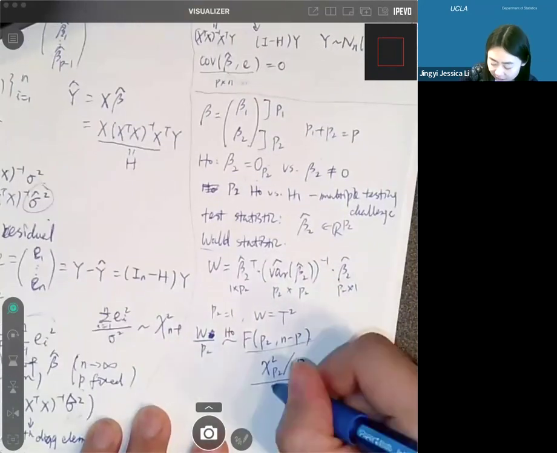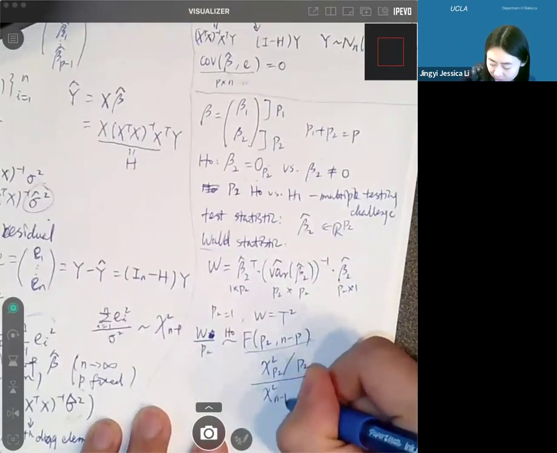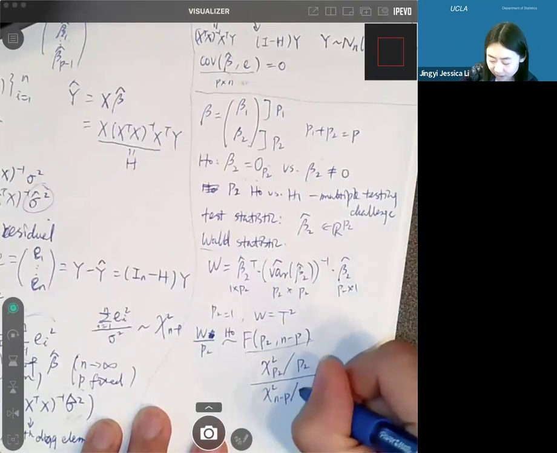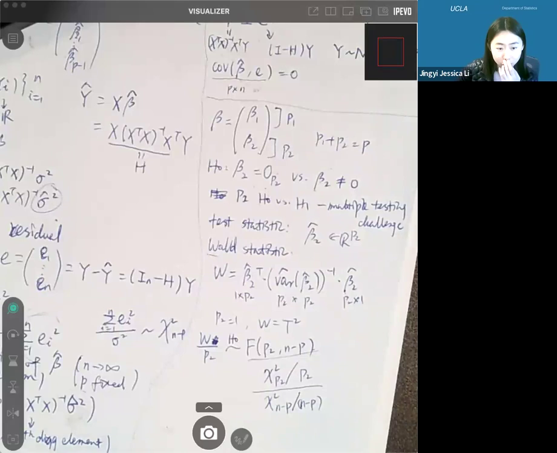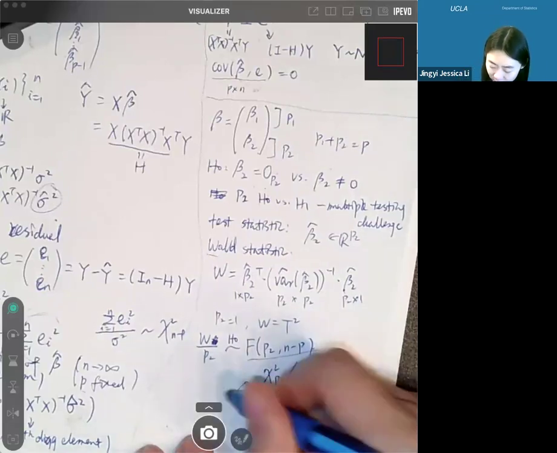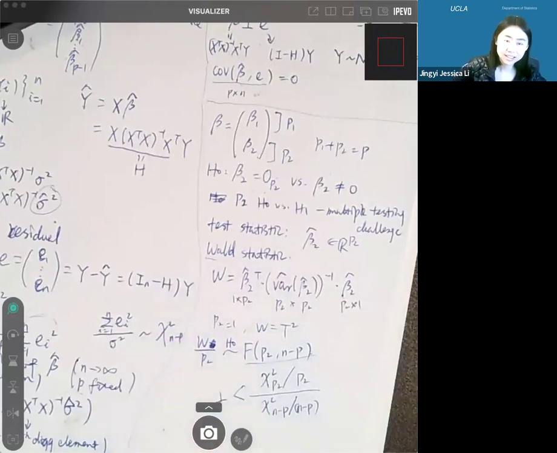The denominator is chi-square with N minus P degrees of freedom divided by N minus P. So each chi-square random variable is divided by its degrees of freedom, and we assume that they are independent. That's the construction of the F distribution.